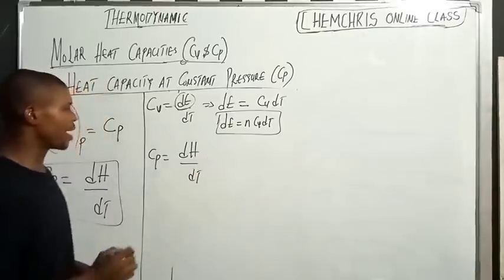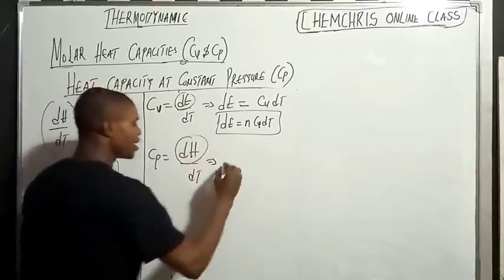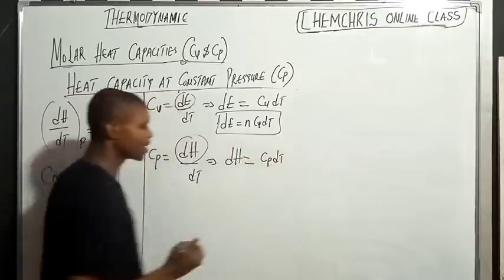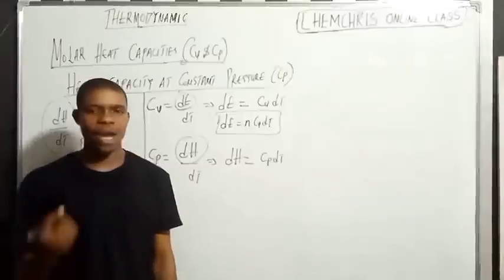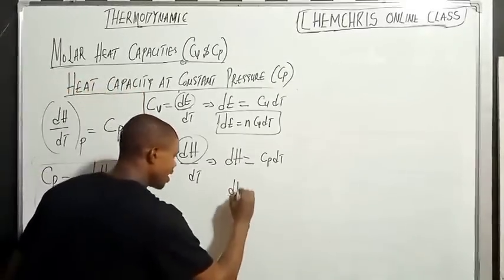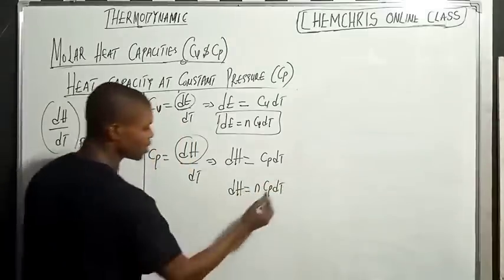The same applies to enthalpy. If you want to make the formula here, you are going to have change H equals Cp change T, right? For n moles of a gas, when the number of moles is given to you, you make change H equals nCp change T, change in temperature.